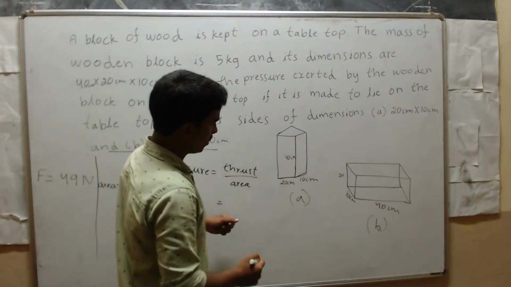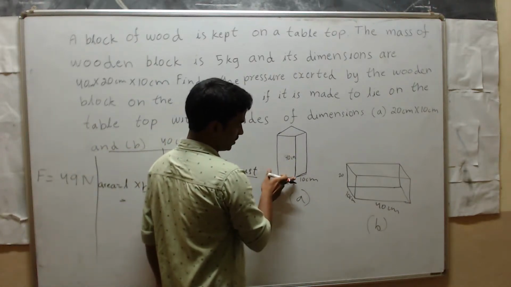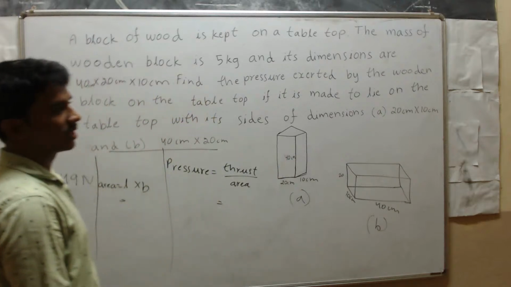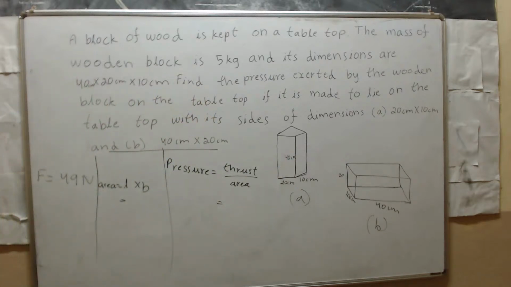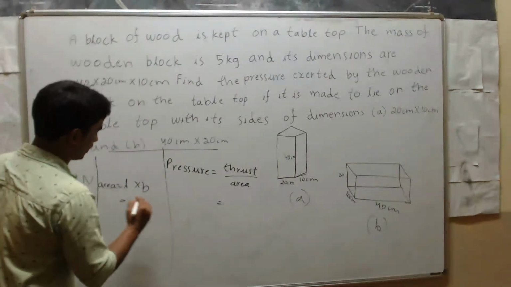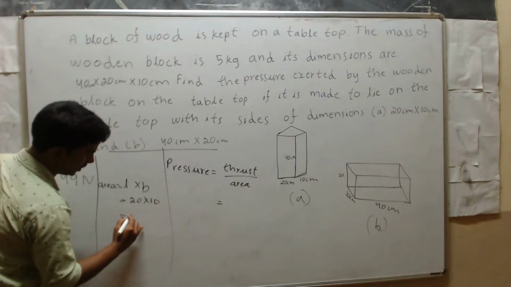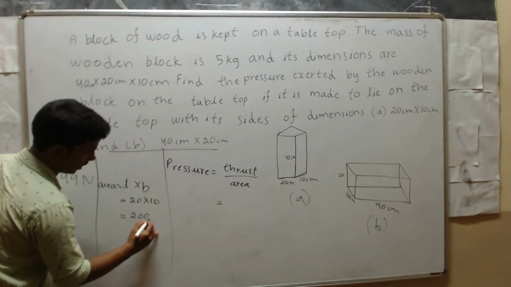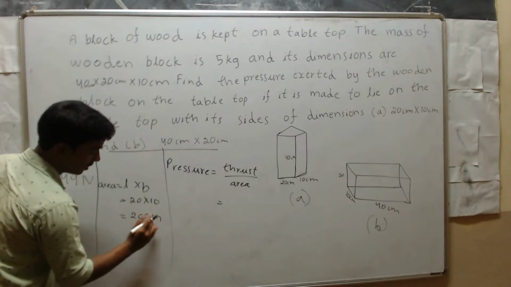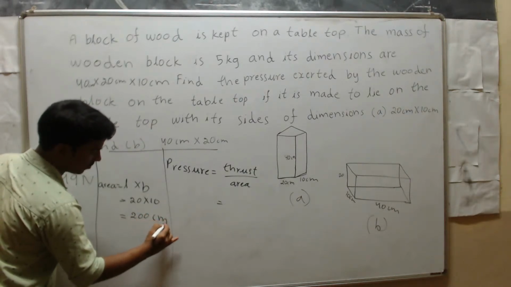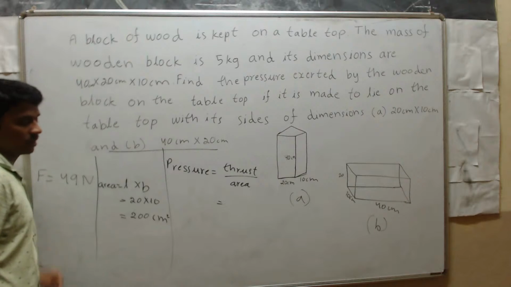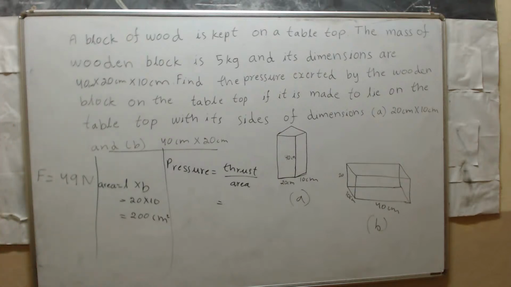Because this box covers an area like this, 20 centimeter and 10 centimeter. So what is the length and what is the breadth? Length is 20 centimeter and breadth is 10 centimeter. So 20 into 10, that is 200. Okay, 200 centimeter square. Clear?